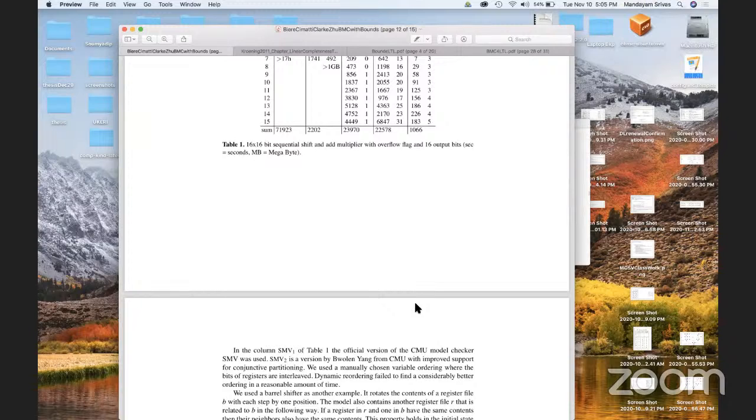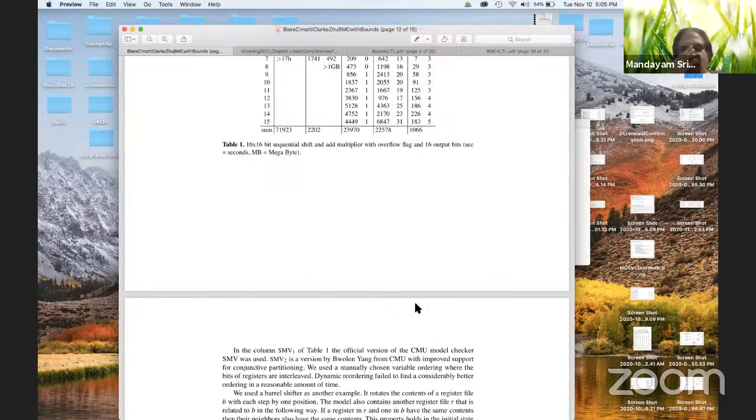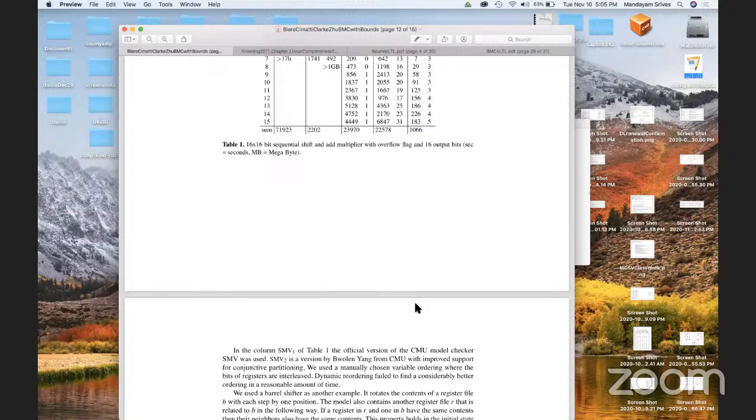So if there is a shallow counterexample, if the minimal counterexample, yeah, see, okay, first of all, you were comparing CTL versus LTL, okay? In CTL, so that's not a good comparison.